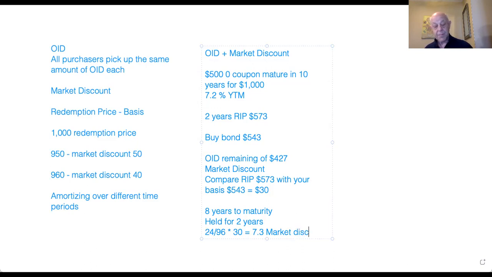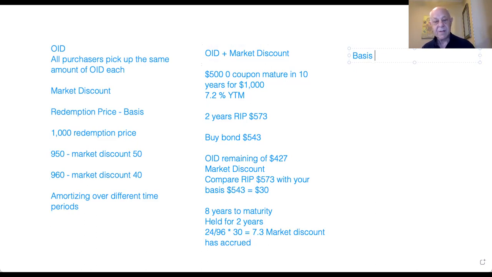Now, in order to determine your basis, you would also have had to have picked up 2 years of original issue discount, added that to your basis, compared that amount of basis to your sales price, and then see what your gain is. So after taking into account the OID, let's assume your basis in the bond now, because we've got 2 more years of OID accruing, let's assume that's $75.